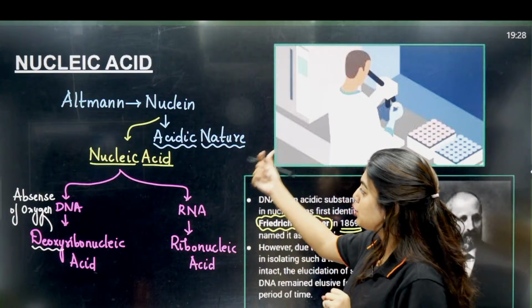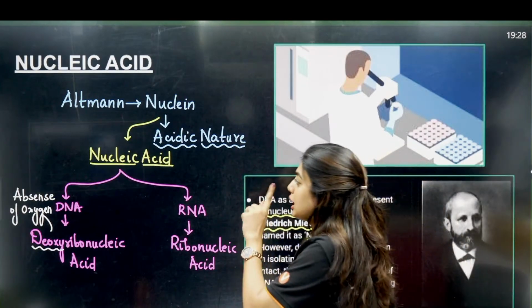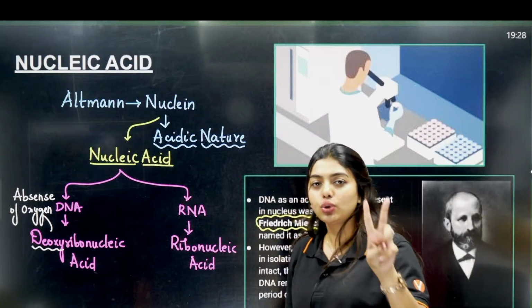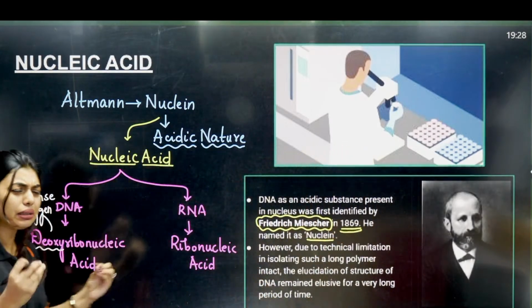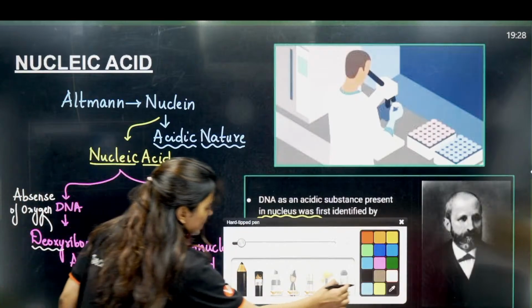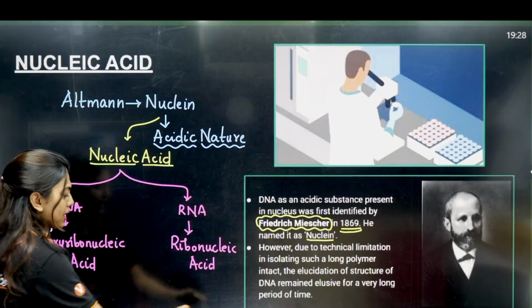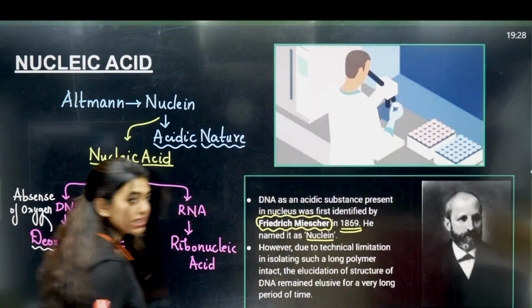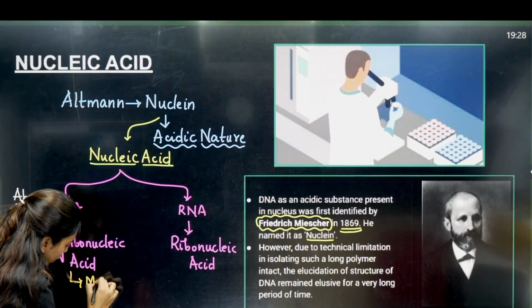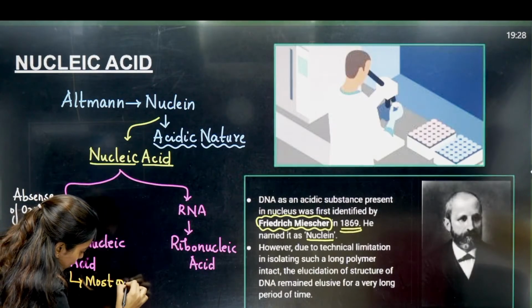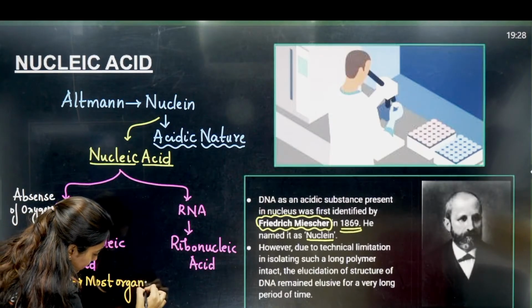So, Altman told nuclein has an acidic nature, so we came up with the word nucleic acid. Two types of nucleic acid we know, DNA and RNA. Now, 99% of the organisms, the majority of organisms, possess DNA as the genetic material.